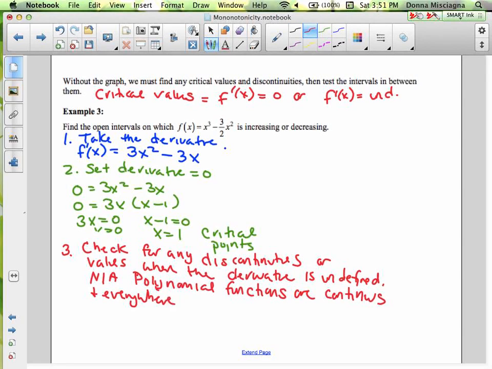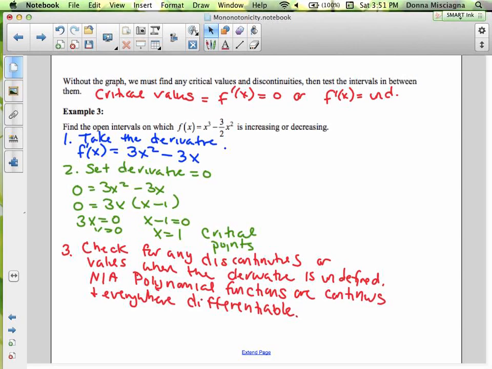Because you can be continuous but not be differentiable everywhere. For instance, absolute value functions. They're not differentiable at their vertex because it's a corner. All right, so now we want to create our sign chart. I think I'll do that up here.